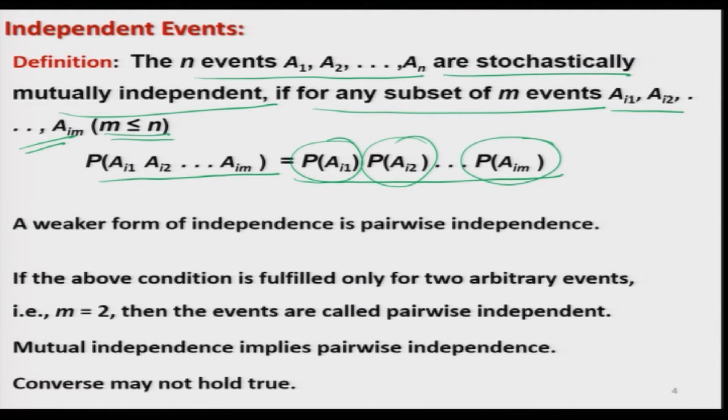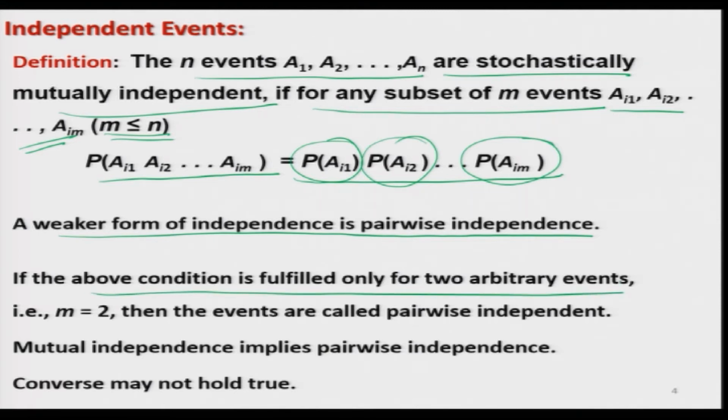The weaker form of this independence condition is pairwise independence. If the above condition is fulfilled only for two arbitrary events, that is, you take only m equal to 2, then we call the events pairwise independent.